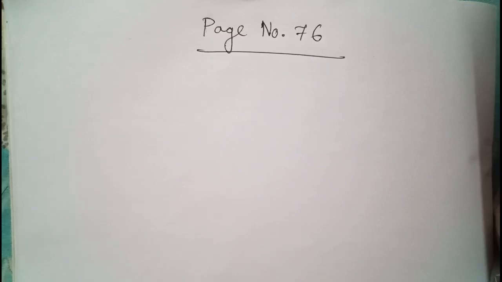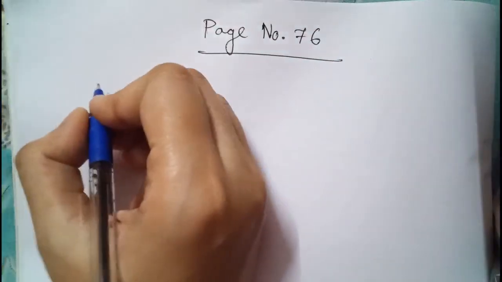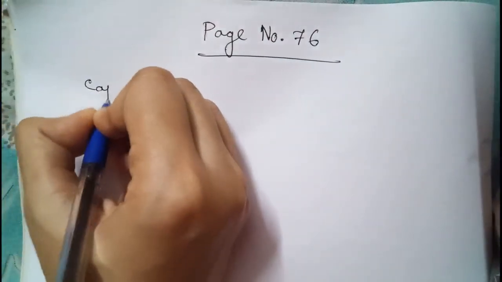So students, you have already seen in the previous video that I have explained and shown you the answer of page number 76. Now I am explaining the process of doing it. So the question was how much water was left in Amina's bottle. So now the answer.